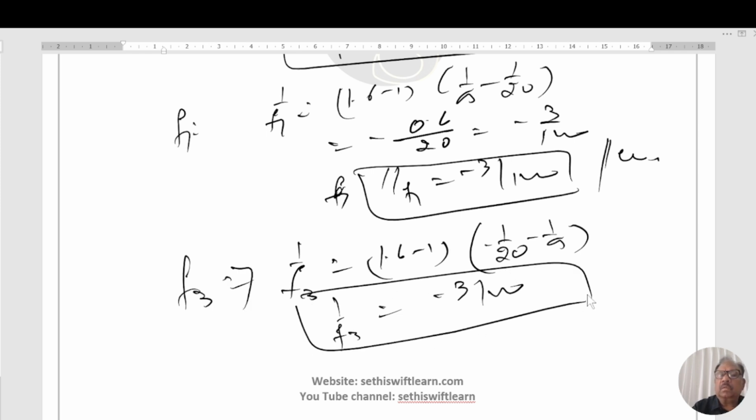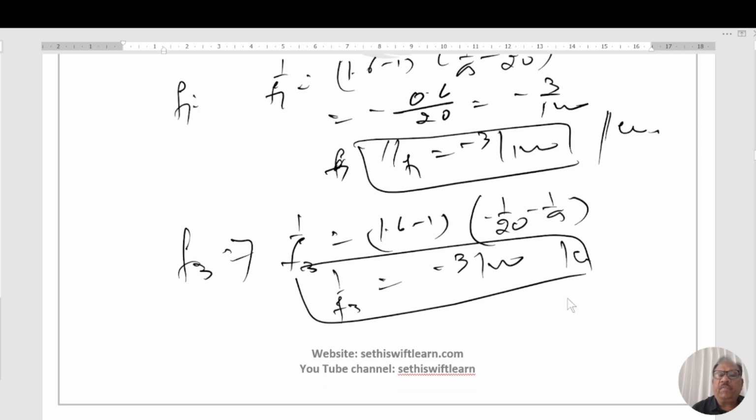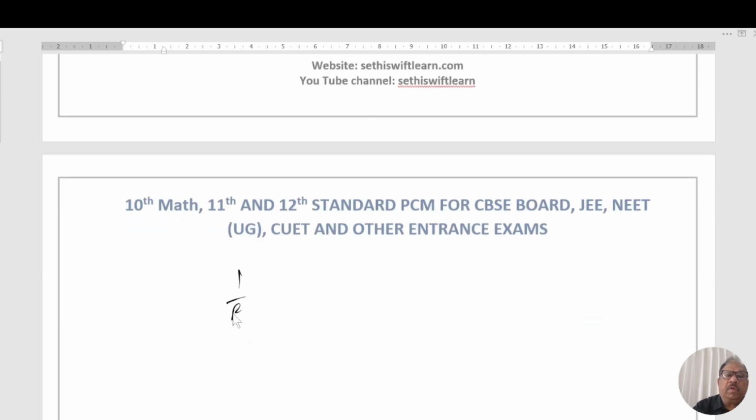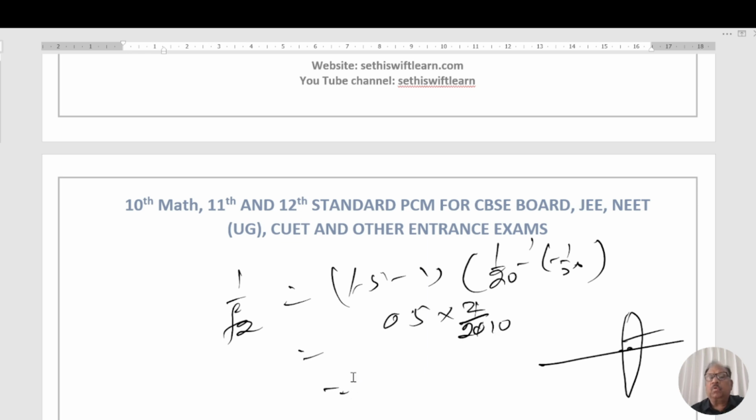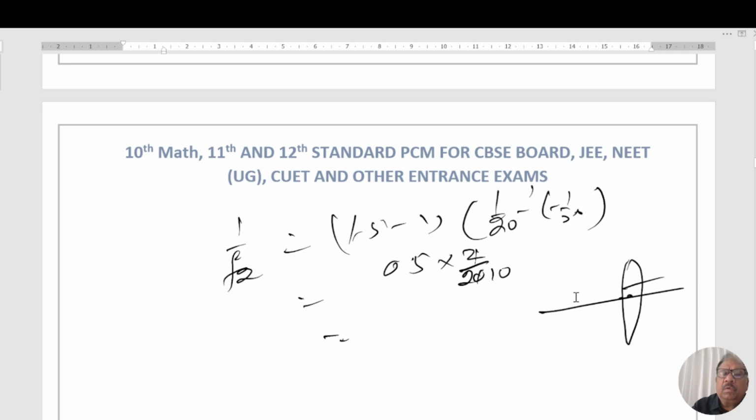That is one answer. To find f2, 1 by f2 equals 1.5 minus 1, refractive index, with radii of 20 like this, one positive and one negative. 1 by 20 minus 1 by minus 20, 0.5 into 2 by 20, 1 by 10. This comes out to be 1 by 20 per centimeter.